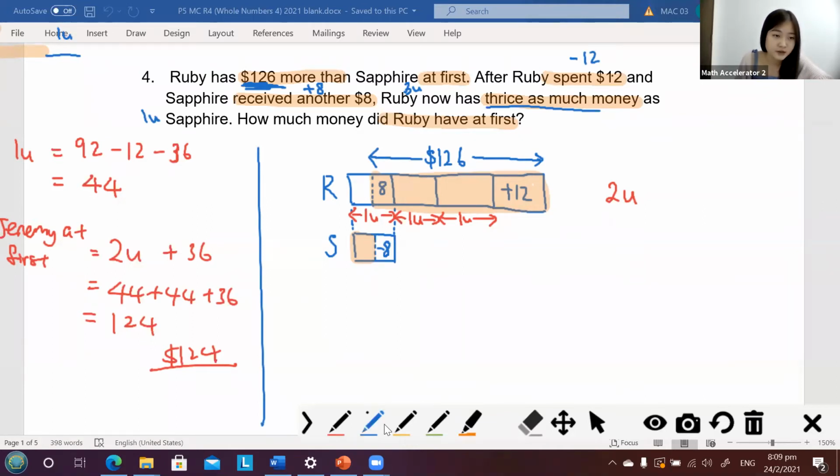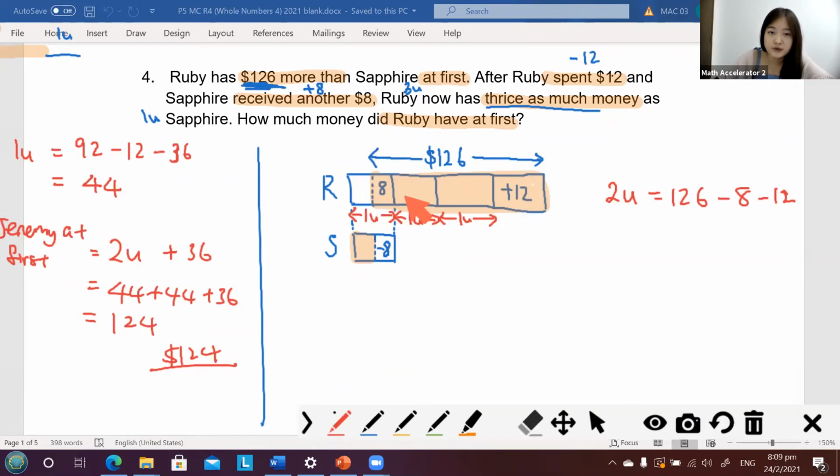Yes, I see some of your answers. Basti, correct. Hina, correct. 126 minus 8 minus 12. Because by adding 8 and 12 to 2 units, you can get 126.